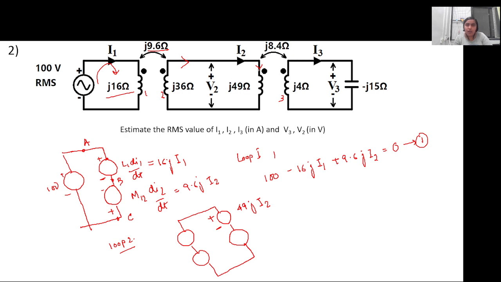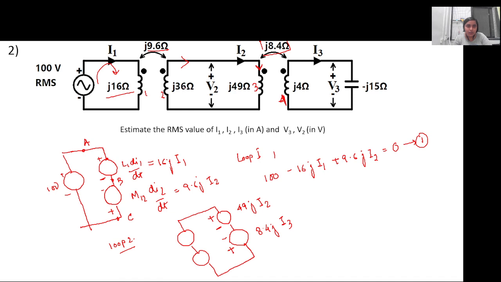Now for the mutual inductance, which is given as 8.4 here, let us name this coil as 3 and this coil as 4. In coil 3, the current is entering the dot. In coil 4, the current is leaving the dot. So the mutual inductance sign will be changed and it will be 8.4j I3.